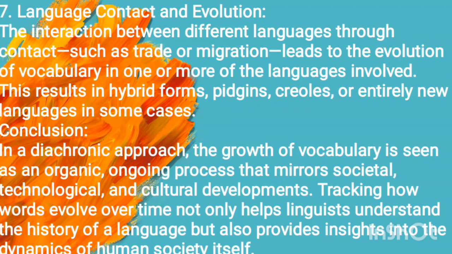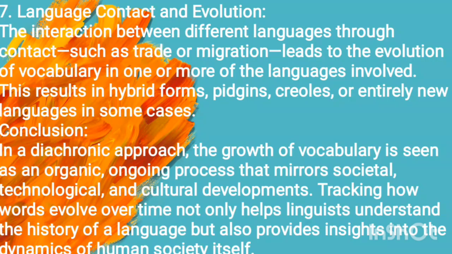Then effects of language contact are pidgins and creoles. A pidgin is a simpler language used for communication between groups. A creole is a fully developed language that evolved from the pidgin. Then code switching and loan words, mixing languages in conversations.